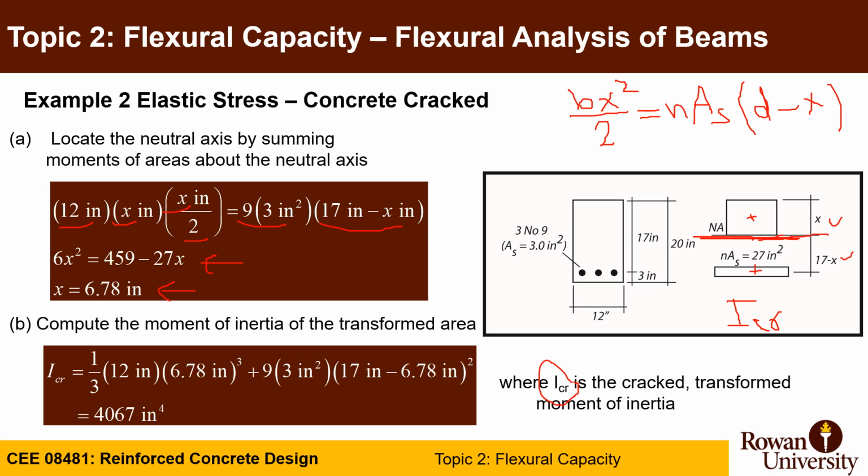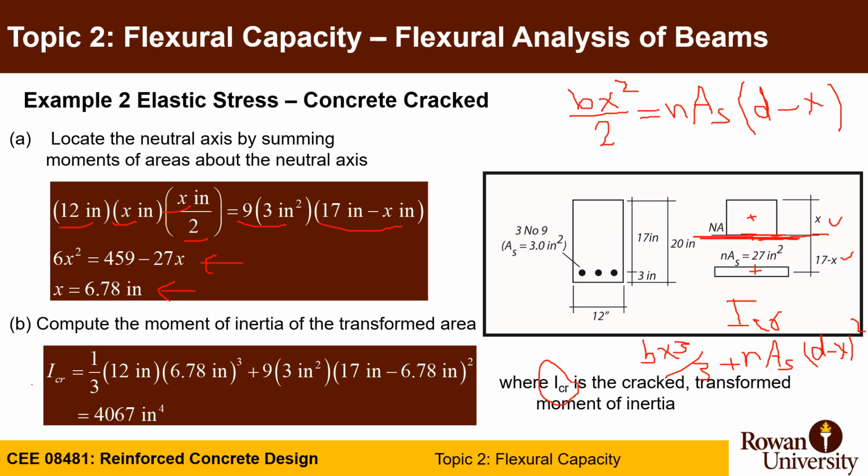You know that the moment of inertia for a rectangular section around its edge, not around its centroid, and in this case the edge is our neutral axis of the cross section, is equal to bx cubed over 3, and for the other part it will be nAs, which is the area, multiplied by d minus x squared, which is area times the square of the distance between the local neutral axis and the section neutral axis.